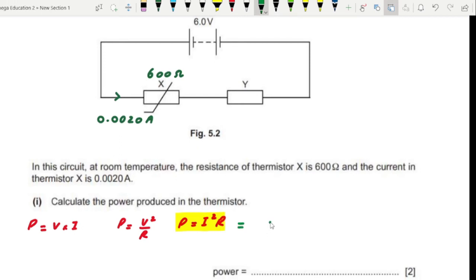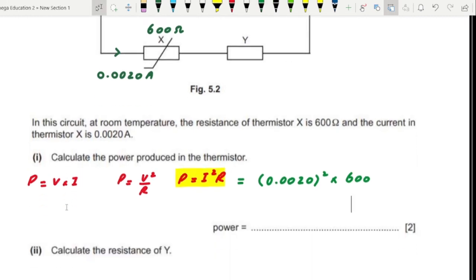So I squared would be 0.0020 squared, and we multiply it by the resistance of the thermistor, which is 600 ohm. Then we hit it on the calculator and find the answer.